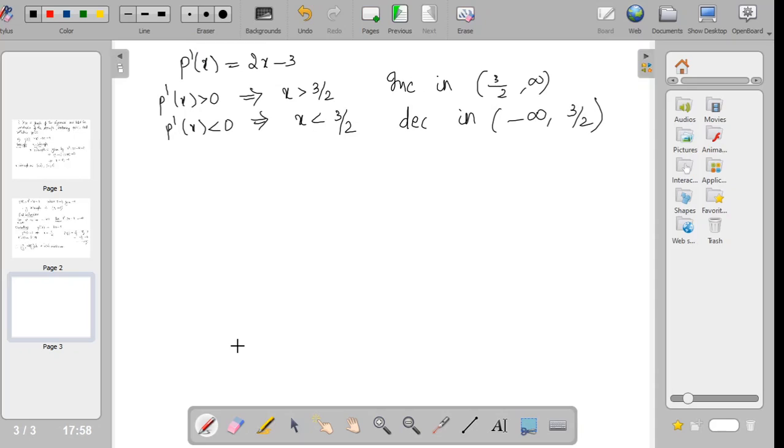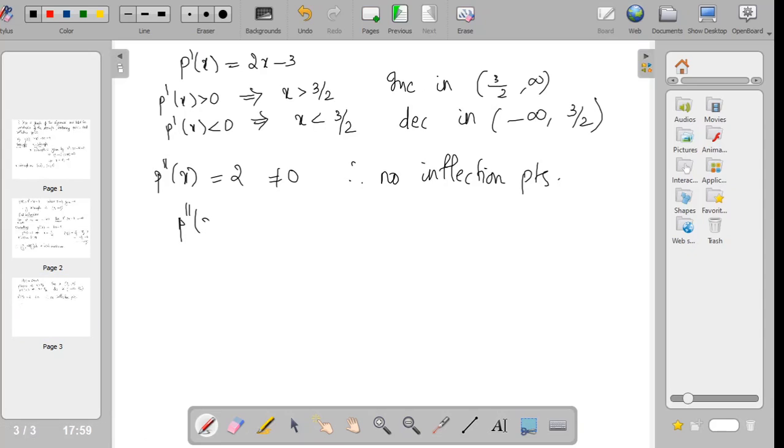And next is the second derivative. So p double dash of x is equal to 2, which is not equal to 0, so therefore there are no inflection points. And p double dash of x is greater than 0 for all x, so that implies the graph is concave up always.